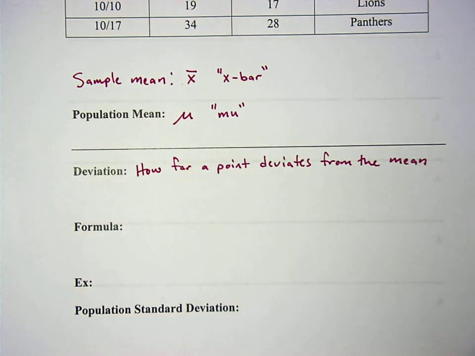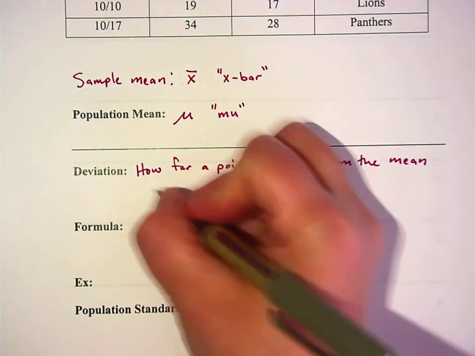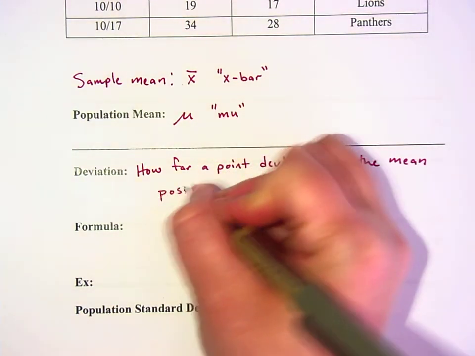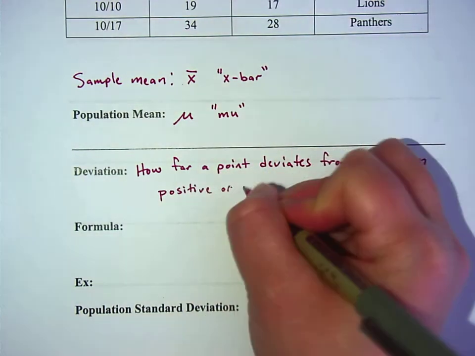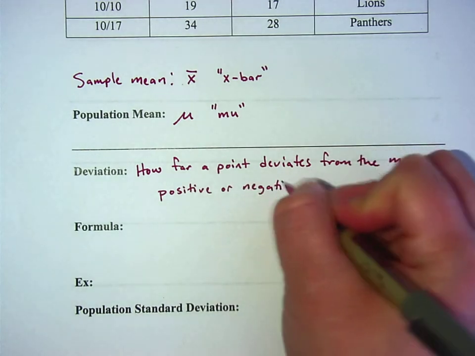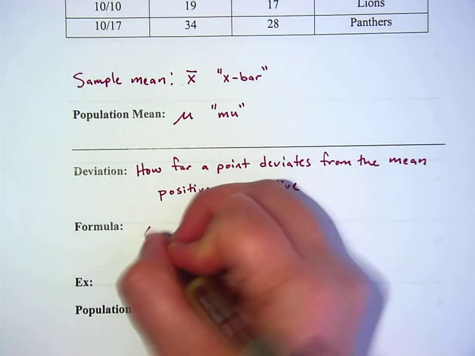Does everybody understand that? Alex, how many black eyes do you think you've gotten in your life? So his would be +1 because he's 1 above the average. So a deviation can be positive or negative. And the formula is x minus mu.